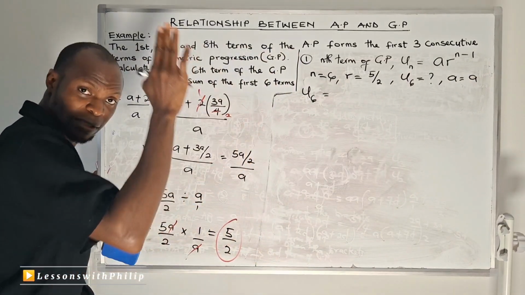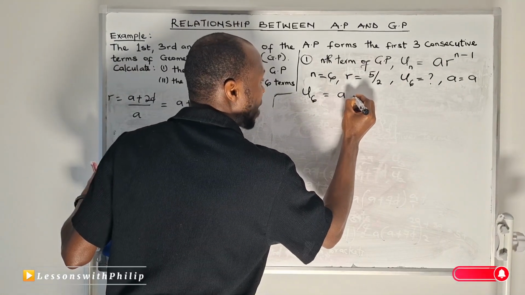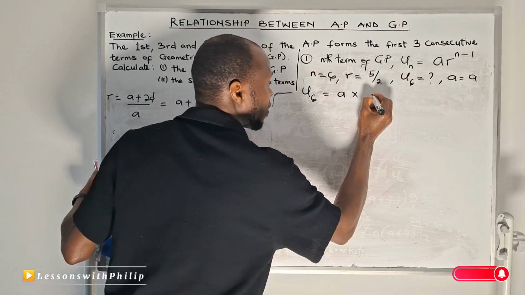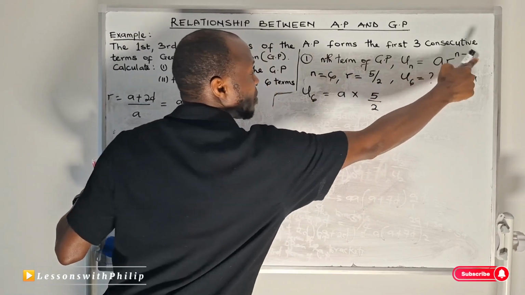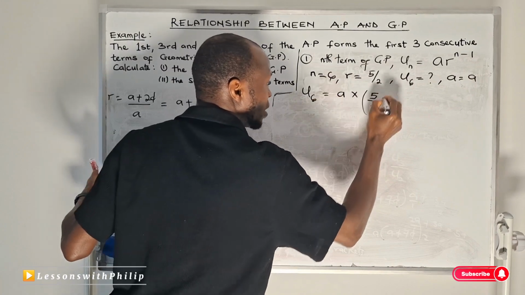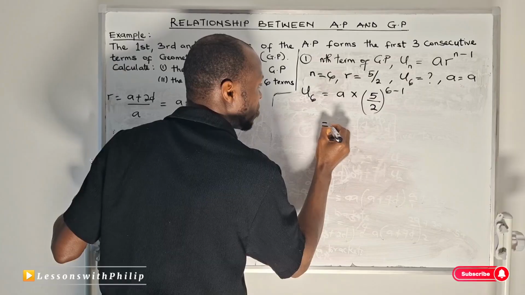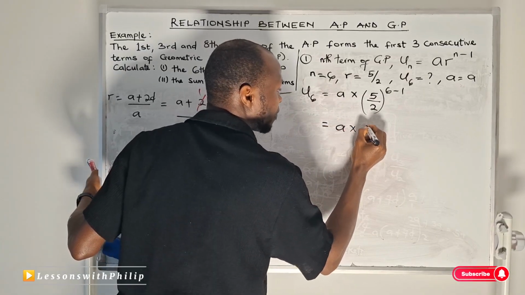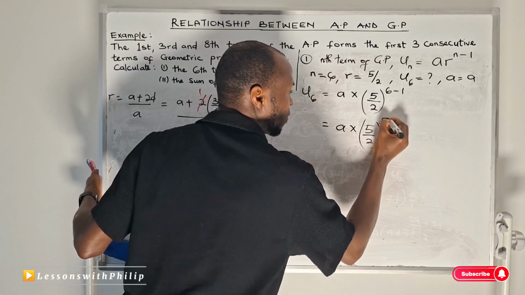So it equals a multiplied by our r, which is 5 over 2, to the power n minus 1. What is our n? 6. That will be 6 minus 1. So our sixth term will be a multiplied by 5 over 2 to the power 5.